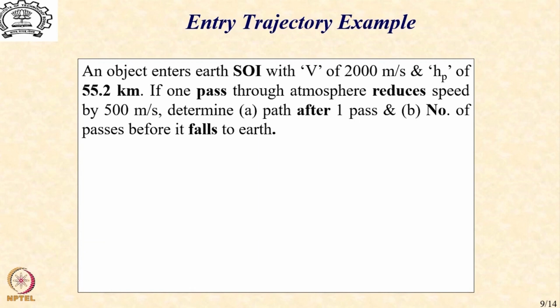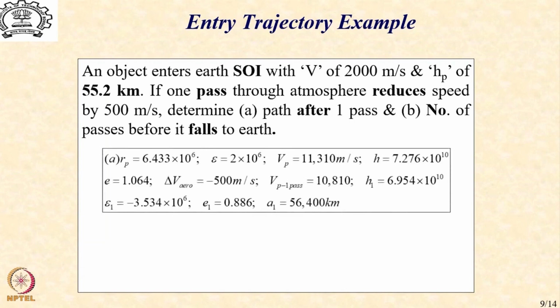Now if after one pass through atmosphere the speed reduces by 500 meters, it's an estimate of amount of drag and the energy that it dissipates, then determine after one pass what happens to the vehicle and the number of passes before it will fall back to Earth.